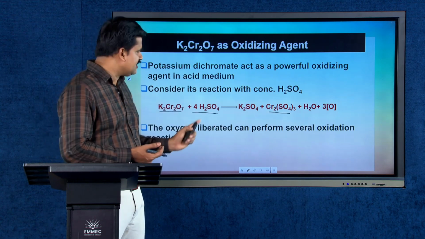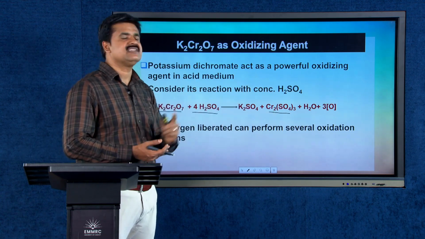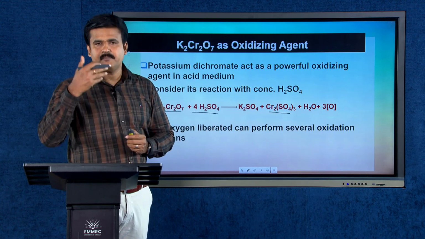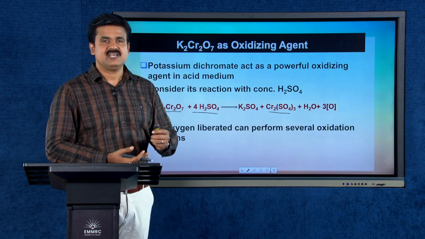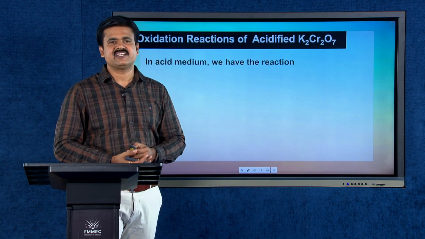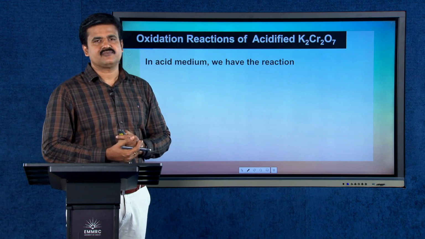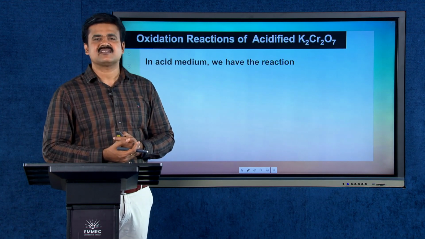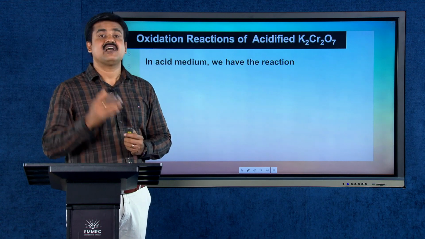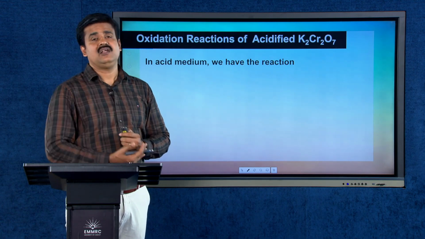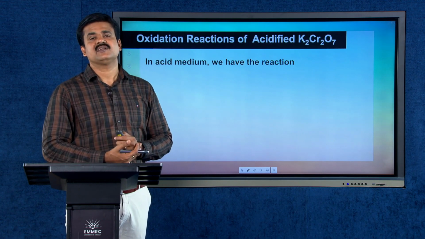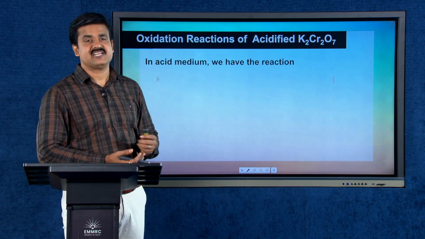Now, the oxygen liberated in this reaction can perform several oxidation reactions. And we are having some examples. Prior to entering into examples of oxidation reactions shown by acidified K2Cr2O7, we have to again recall the reaction responsible for the oxidizing nature of acidified K2Cr2O7.